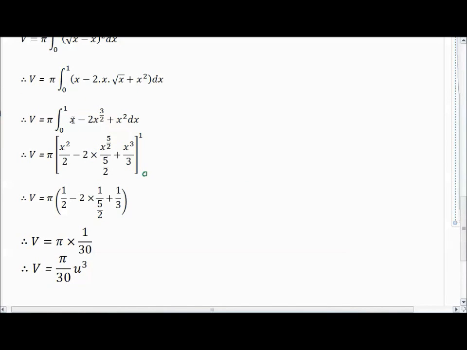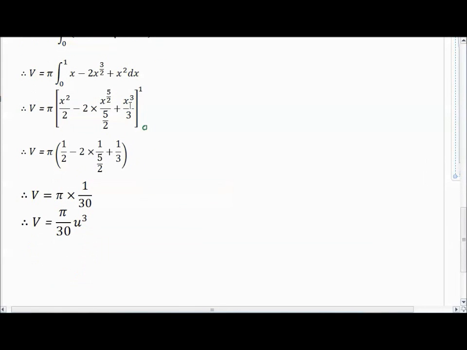We increase the index by 1, so x to the power of 1 goes to x to the power of 2, and divide by the new index. That's what that's about. I've got pi out here all the time, of course. Minus 2 times, now 3 on 2 plus 1 is 5 on 2, and divide by the new index, and here we go with x squared. The integral of that is quite clearly x cubed on 3. And there are our boundaries.